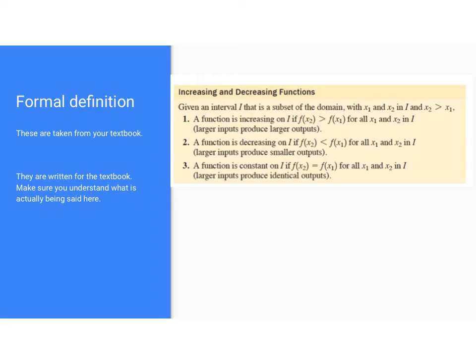As he described in the video, the function is increasing when x gets bigger, if y gets bigger. So I always think about when f of x, the function, is increasing, I'm looking for x getting bigger and y getting bigger at the same time. So as I move from left to right on my graph, those y values are going up.